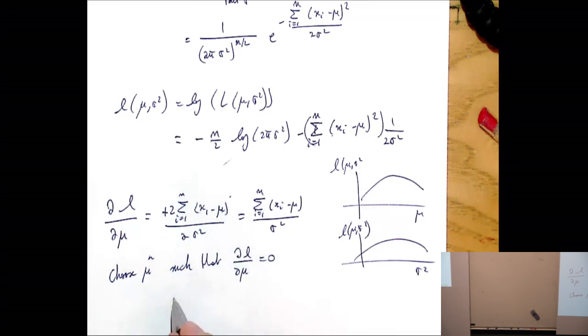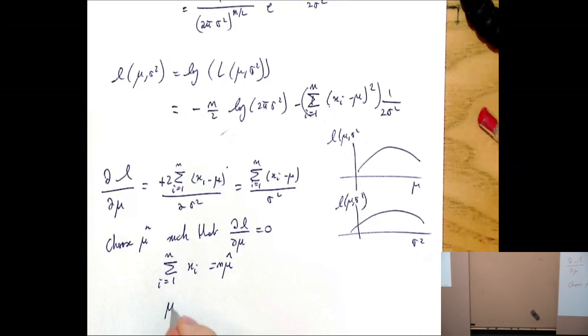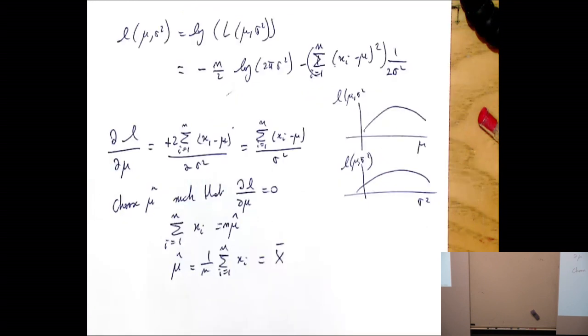And so what do I get? I have the sum from 1 to n of xi equal to n mu. And so mu hat is 1 over n times the sum of xi, which is essentially x bar.